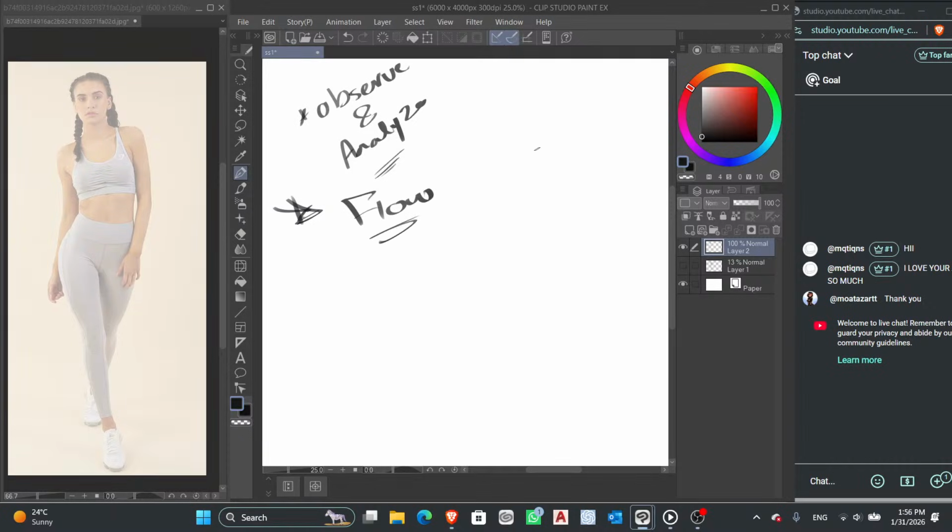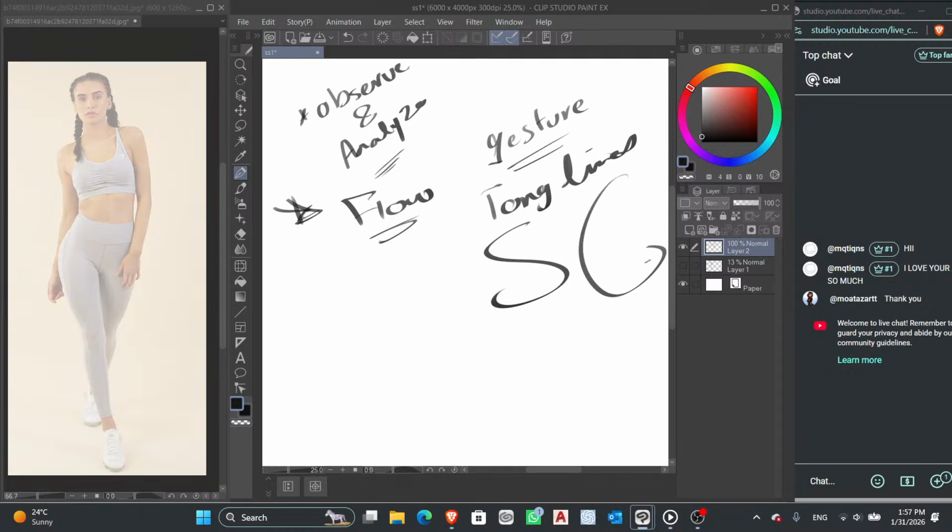When I'm trying to draw, I always start with a gesture. And a gesture means I use big lines or long lines, S curves, C curves, and so on. That will help a lot to make it flowy and more dynamic.